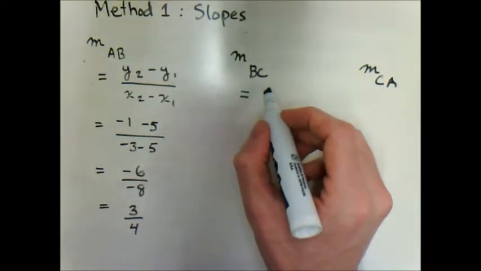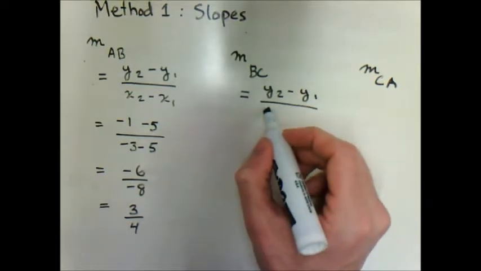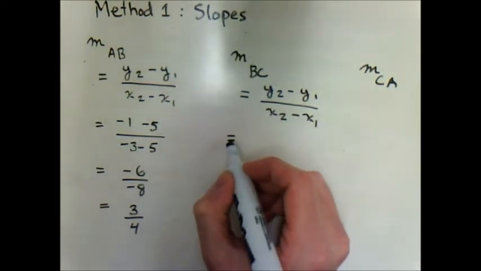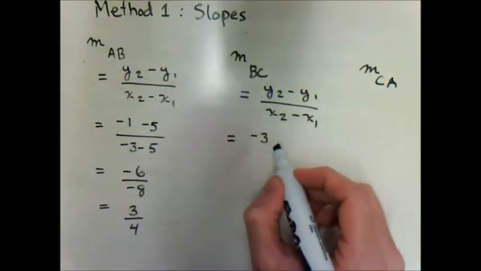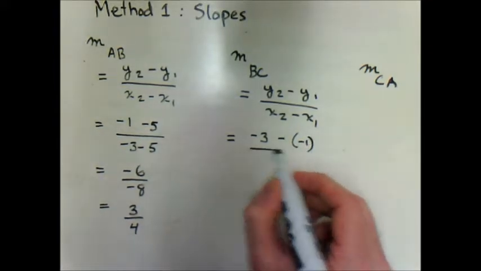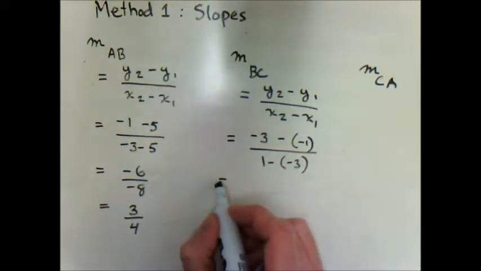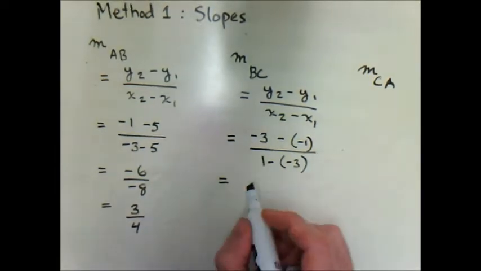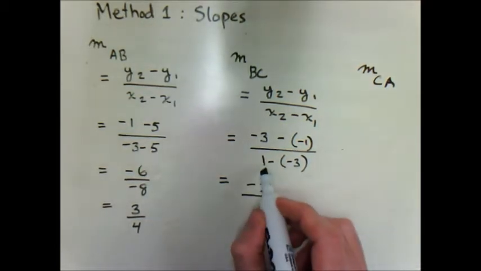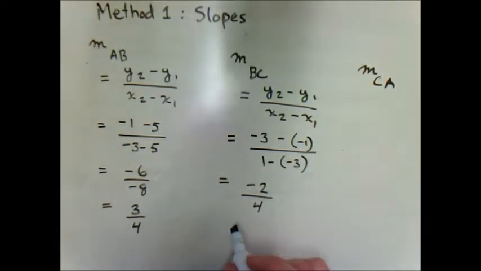The slope of BC, we're going to be using the exact same formula, the change of y over the change in x, and we can sub in our known values from the points B and C. We have 3 take away -1 over 1 take away -3. 3 plus 1 is 4 in the numerator, and in the denominator, we have 1 take away -3, which is 1 plus 3, which is 4.